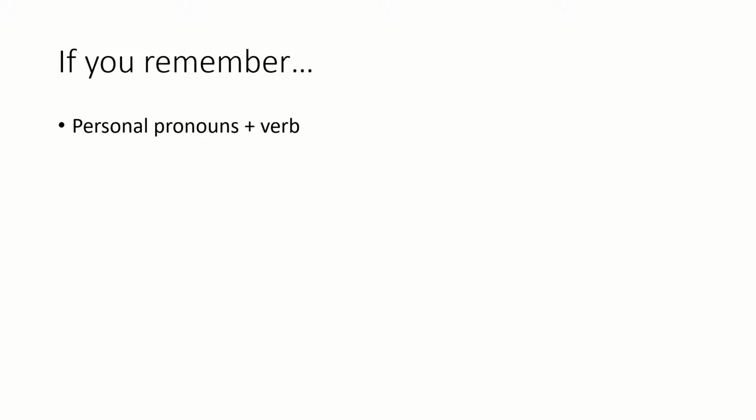So remember, you've got to have the personal pronoun first and then the verb. So if you wanted to say I play, it should be ich spielen, but that's wrong.